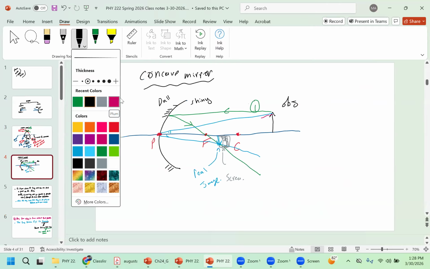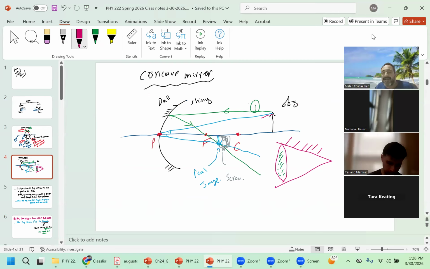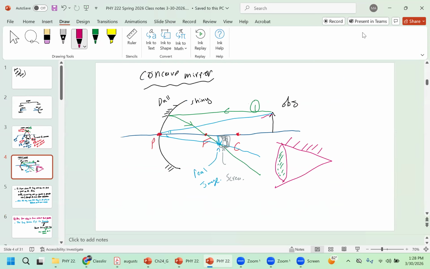So if you're actually looking at it, your eye would be like, you know what? I'm going to give you green eyes. It looks creepy. Looks like the guy from The Simpsons, the Martians, whatever. Actually, let me do this.